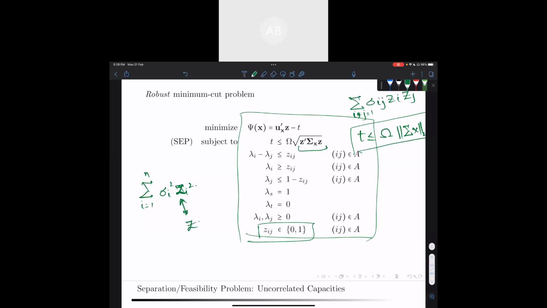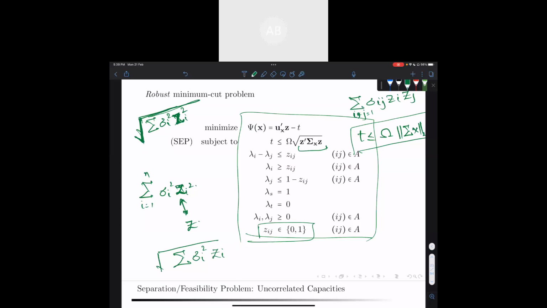So now this is a convex function, it's not hard to see, and its square root is a concave function.